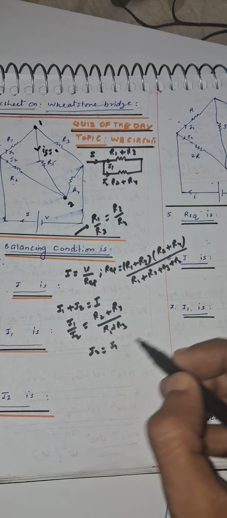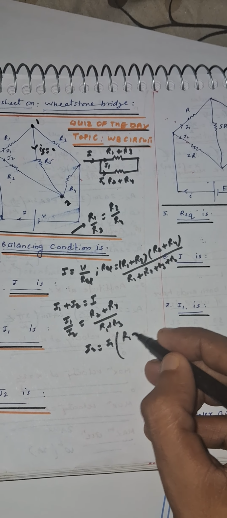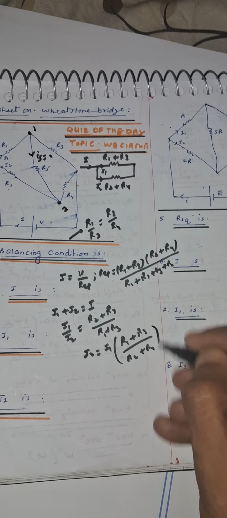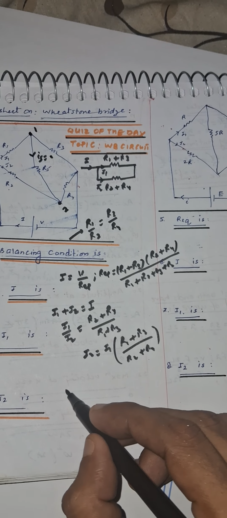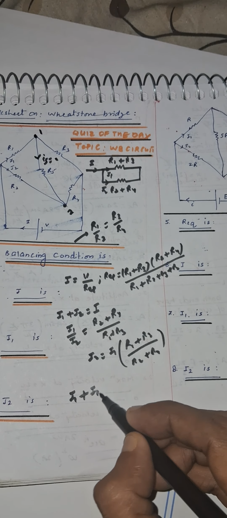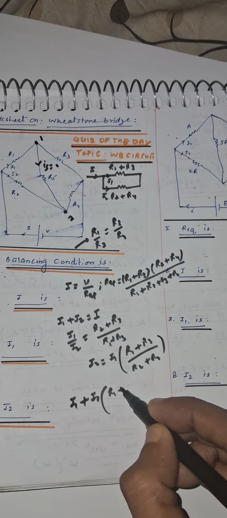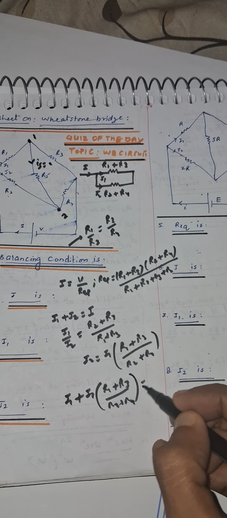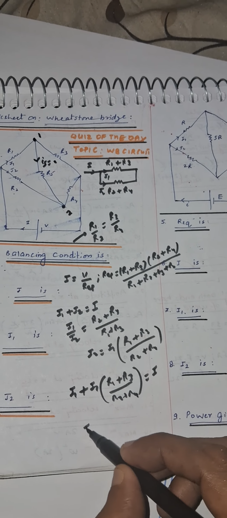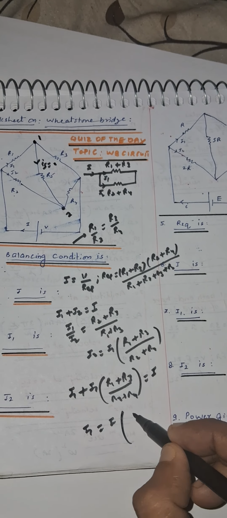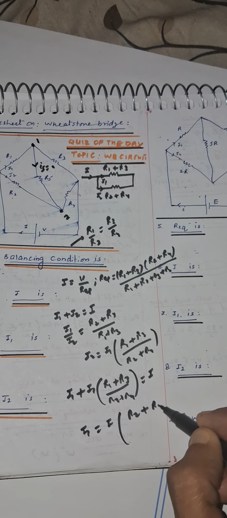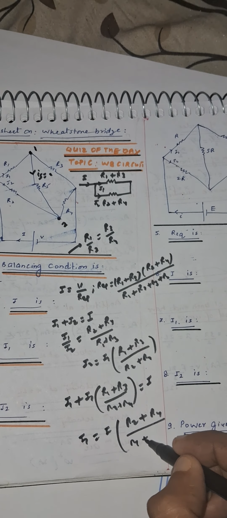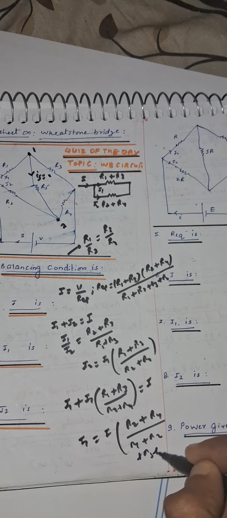So I2 will be I1 times R1 plus R3 divided by R2 plus R4, and if we substitute the value over here, we get I1 plus I1 times R1 plus R3 by R2 plus R4 is equal to I. So I1 here will be I times R2 plus R4 divided by R1 plus R2 plus R3 plus R4.